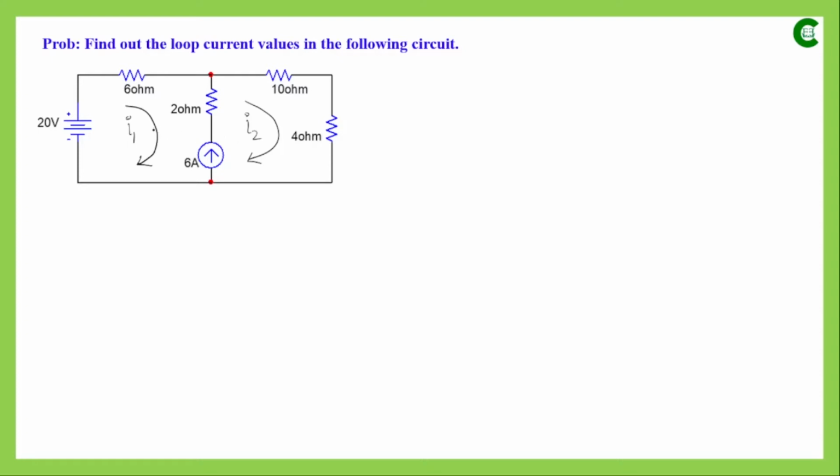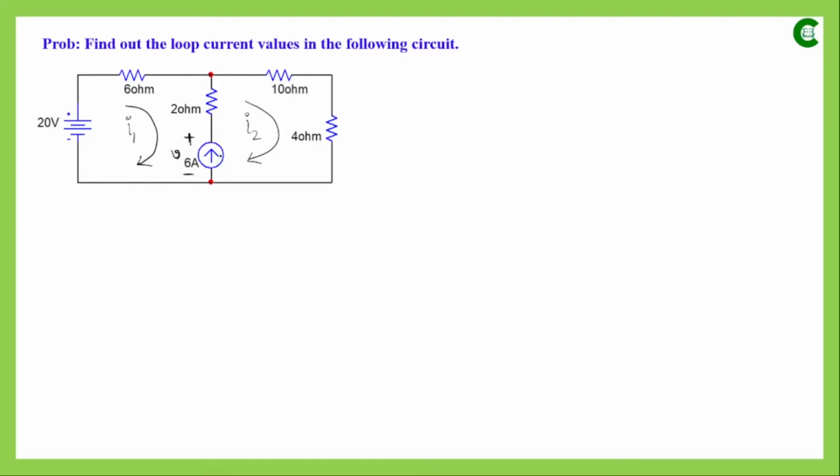So in the first loop, before applying KVL, since this is a current source, we can assume that the voltage which will be dropped across this current source will have some value. If for that voltage drop we assume a variable V, we can easily apply KVL in both the loops.